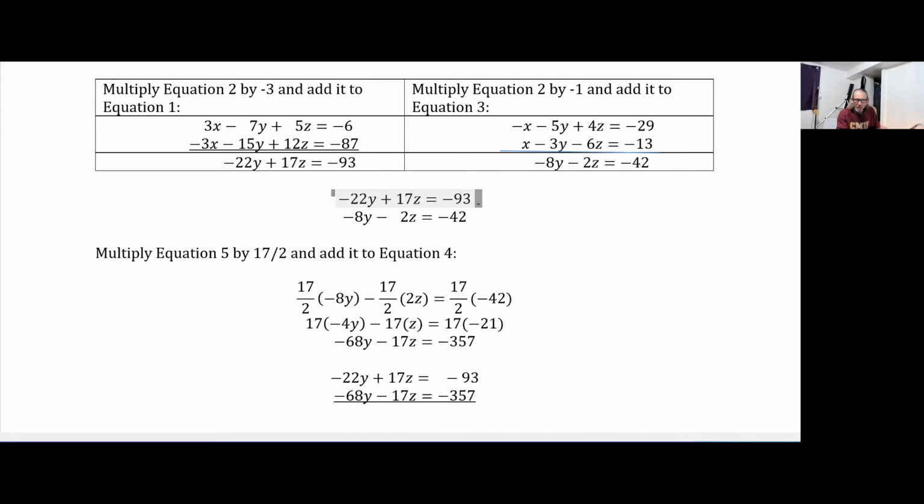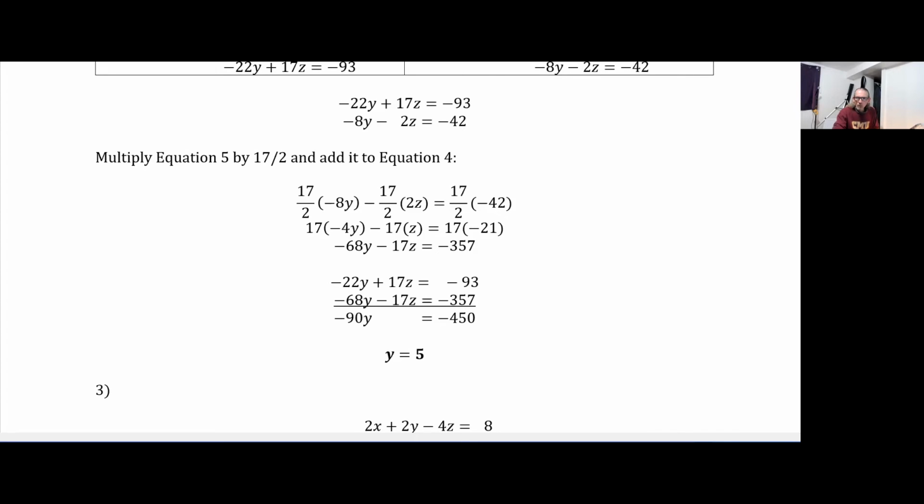Adding the like terms along the columns, I will have negative 90y. The z's will cancel out, and then looks like negative 450 on the right-hand side, which doesn't look so bad because then when I divide both sides by negative 90, I get that y is positive 5.